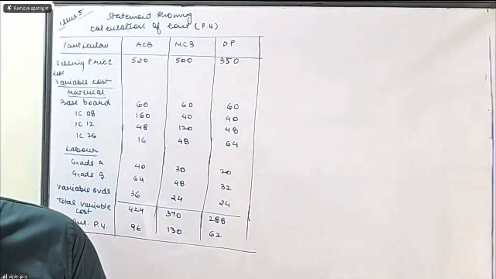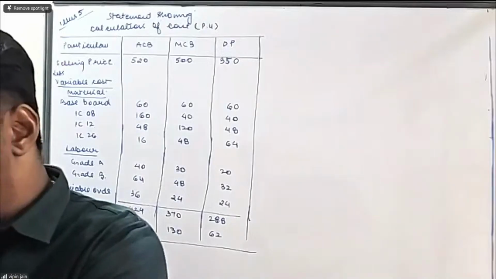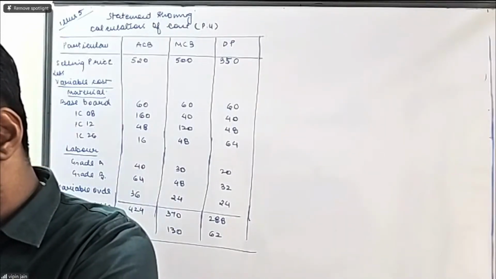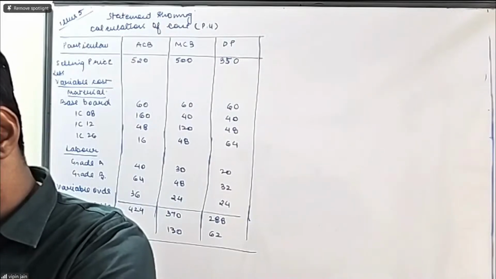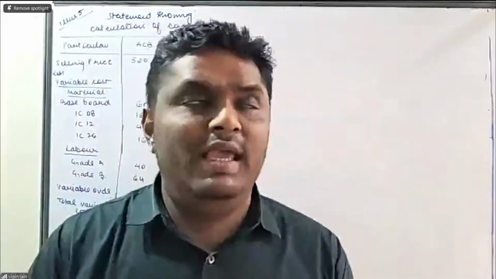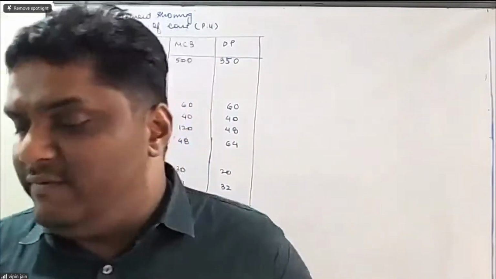So if you guys have any doubts till now, you can please post your queries. We are done with the calculation of contribution per unit. Now see, the sales mix is given in the question.